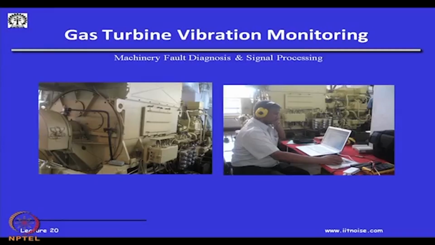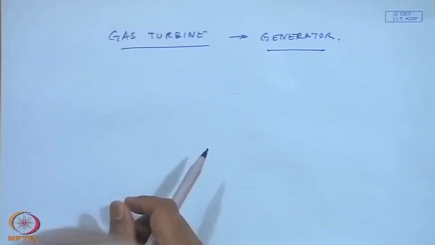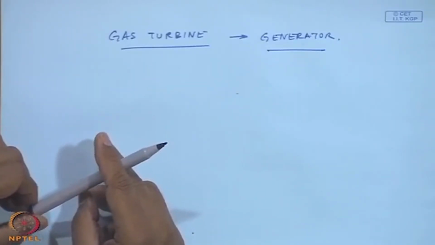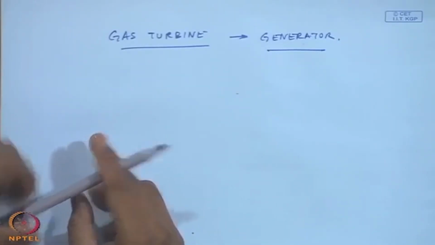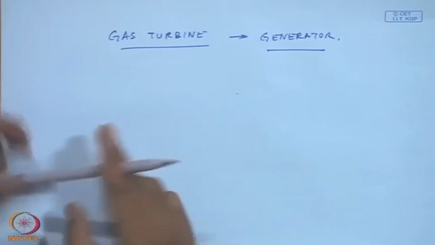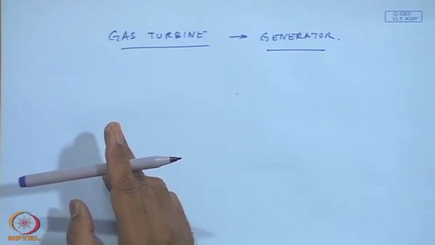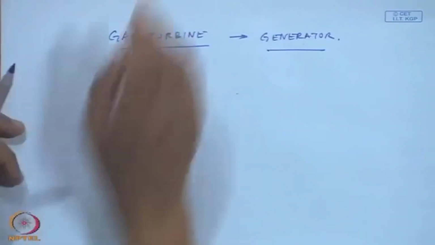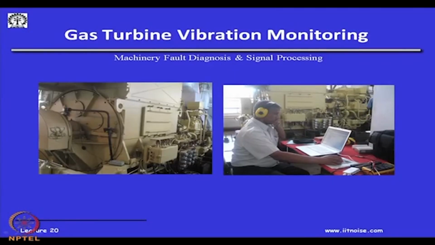These generators are the power source of the plant, and of course, in the northeast of our country, we have a lot of gas turbine power plants, 20 megawatt, 150 megawatt power plants driven by gas turbines. All you do is take the gas turbine fuel, put it in a gas turbine and then use it. So, here we are monitoring the gas turbine vibration levels by putting in an accelerometer.